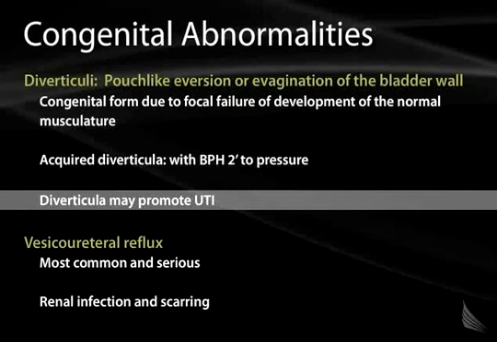The problem with diverticuli is they are an area where there is the possible stasis of urine and hence the development of infection, and then obviously there is also the possibility that the diverticuli themselves may burst and leak.